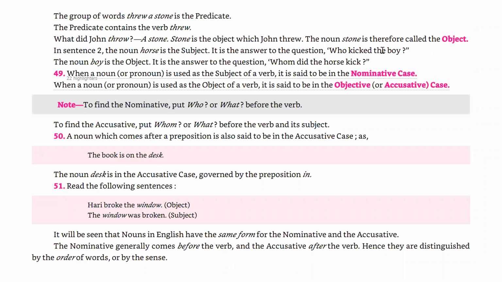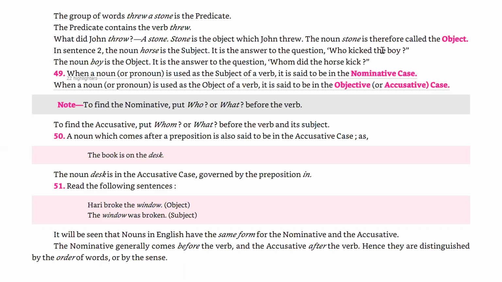In the second sentence, the horse is the subject because it answers the question, who kicked the boy? And threw the stone is the predicate. The predicate contains a verb in the second form of throw, that is threw.